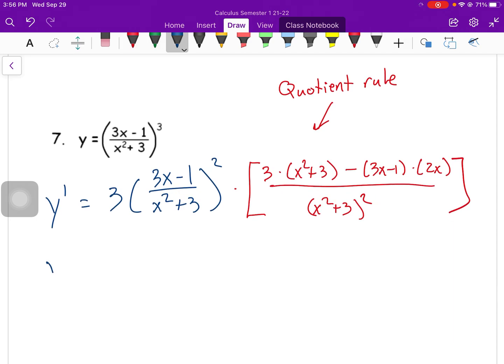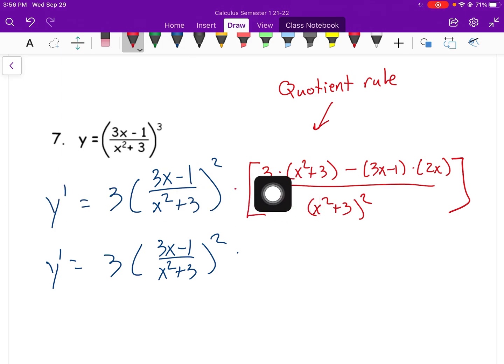So now, with y prime, I have 3, and I'm still just going to write this piece out exactly how it is. But I can combine stuff with that red piece. So I know that on the top here, I'm going to have a 3x squared minus 6x squared. Well, that becomes a minus 3x squared.